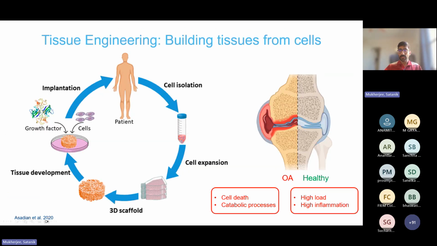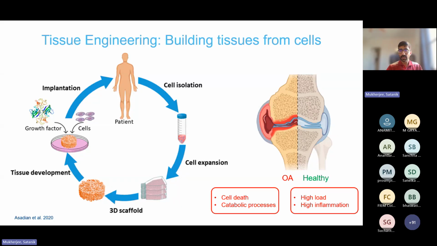Now, one last application that I want to highlight here. We talked about the whole tissue engineering paradigm, which uses cells from the human body to regrow tissue outside the body and implant it back into the human body.